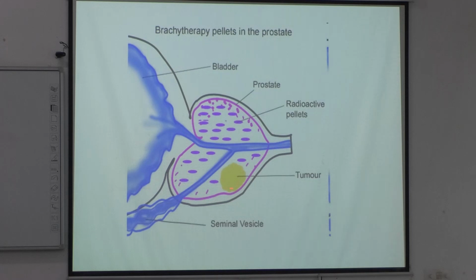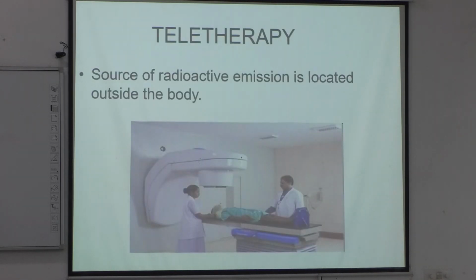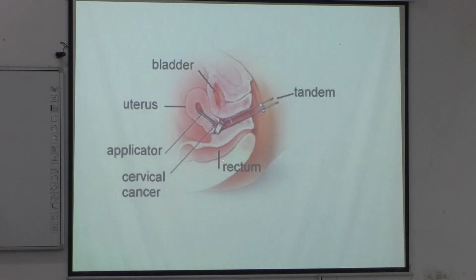Inside the urinary bladder means it will come near to the prostate gland. So there we can reach the proximity to the prostate gland. How to reach uterus? See, like this. For cervical cancer, an applicator is placed inside through the vagina. Rectal way can also be approached for prostate.